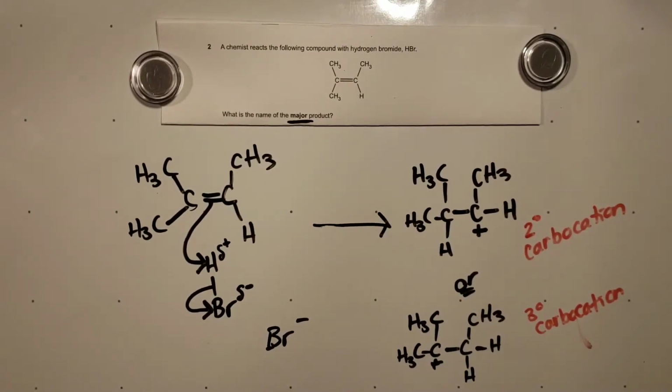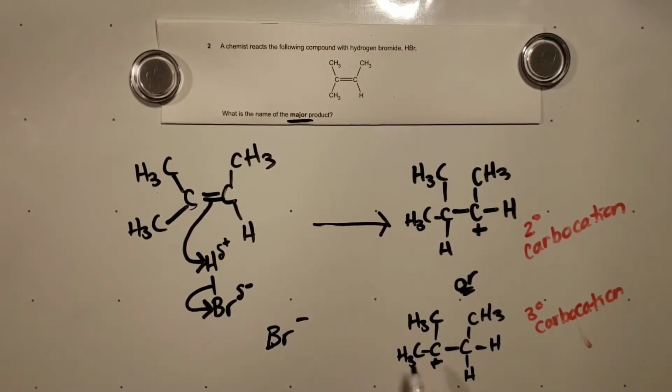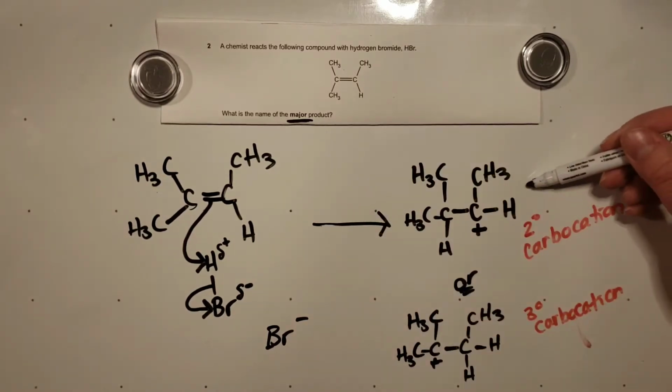So we do have to focus on the collision of these 2 species, so this intermediate and our bromide. And for this question in particular, we're not looking at the reaction of this top intermediate.